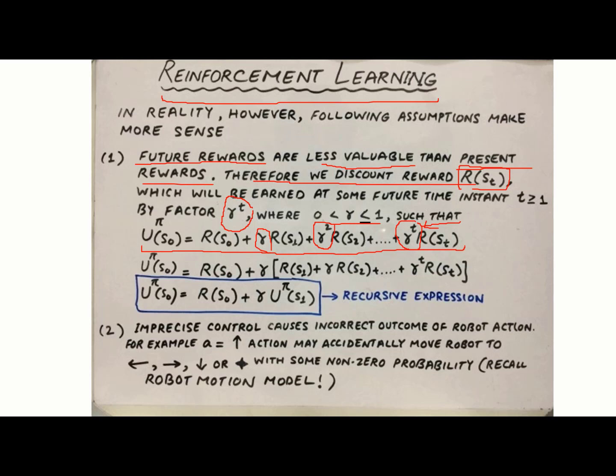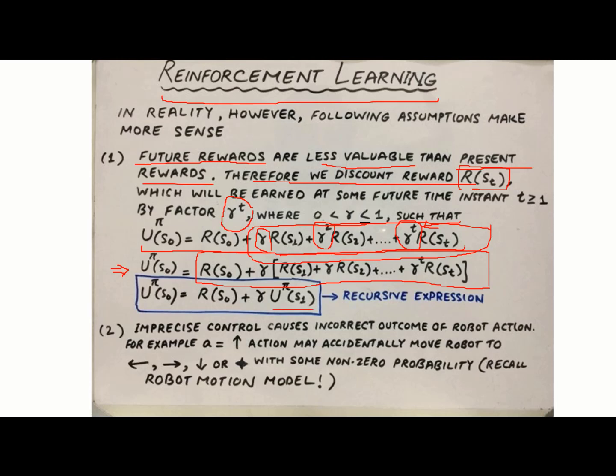And an important observation is that U^pi(S0) can now be represented recursively. Well, we could have represented it using a recursive equation even before including gammas, but because this is the expression we want to proceed with, this whole thing can be represented as gamma times U^pi(S1).